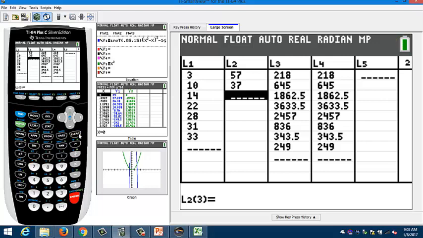At 14,000 feet, we're at 24 degrees. By the time you get up to 22,000 feet, now we're at negative 5 degrees Fahrenheit.